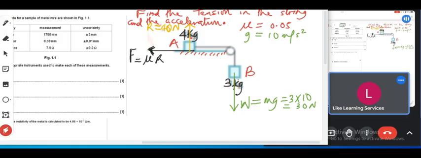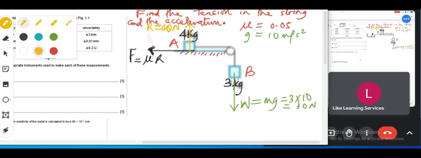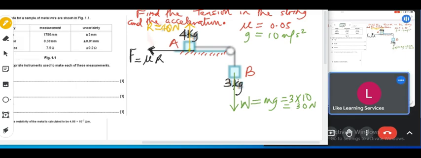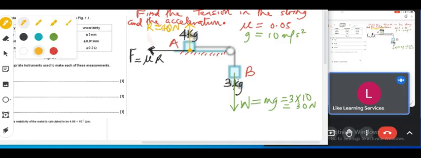It opposes weight on a surface, for instance, the weight of this object. That's Newton's third law: for every action, there's an equal and opposite reaction.